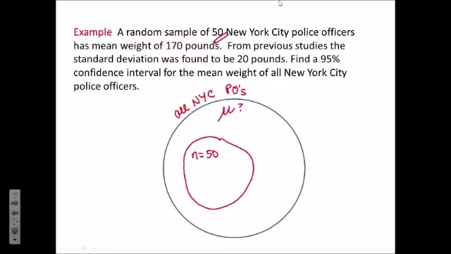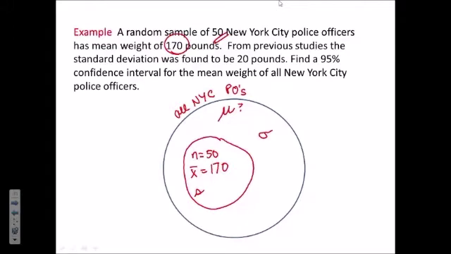The sample had a mean, X bar, of 170 pounds. And in order to do any kind of inferential problem involving means, we're going to need a measure of variability. And that's either going to be the standard deviation of the population or standard deviation of the sample.